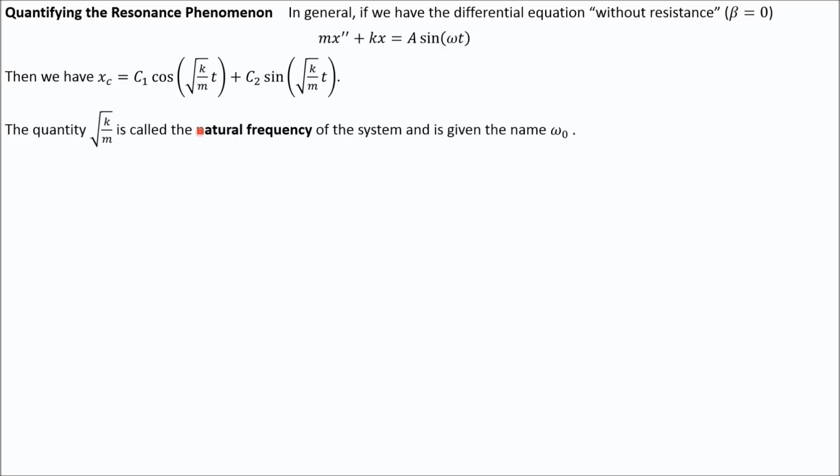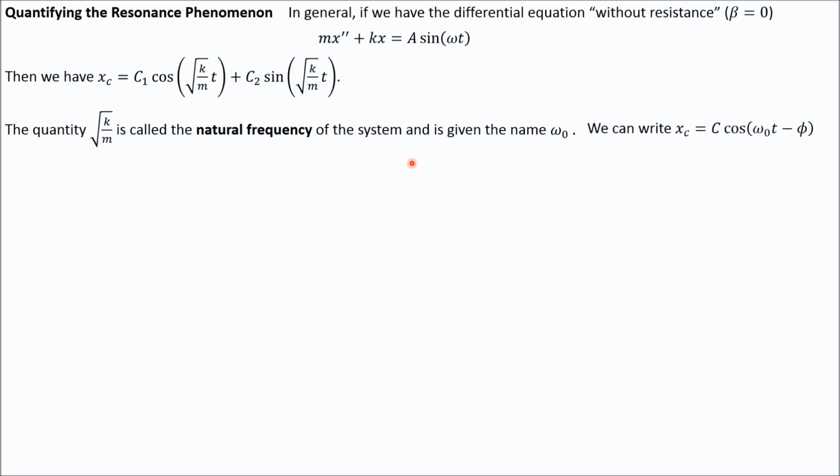So this quantity here, the frequency of the homogeneous equation, root k over m, is called the natural frequency of the system, and I like to give it the name omega naught, to indicate that it's a sort of frequency omega, but it's somehow intrinsic to the system. So it's a specific number, root k over m.